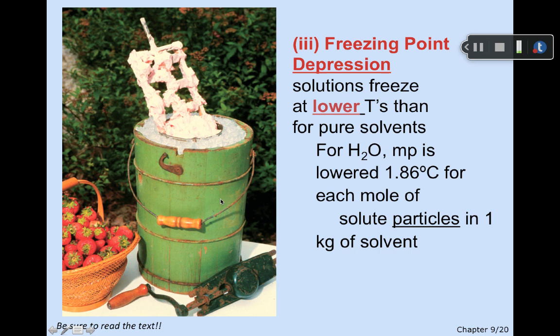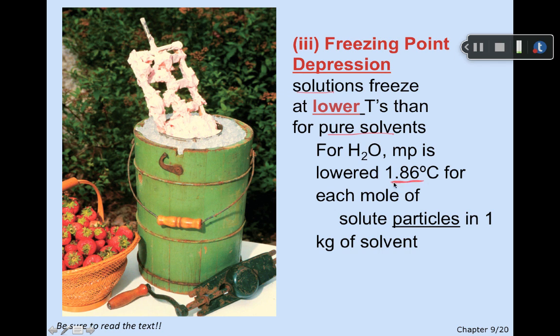All right, the third colligative property is called freezing point depression. In other words, solutions are going to freeze at a lower temperature than pure solvents. For water and aqueous solutions, the ones we refer to the most often, the melting point, aka freezing point, is lowered about 1.86 degrees Celsius.